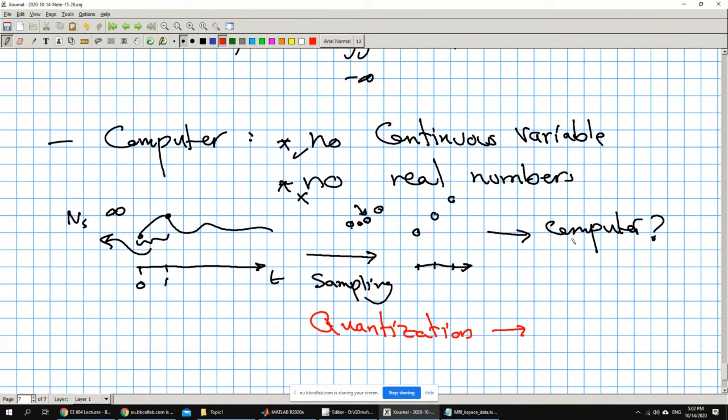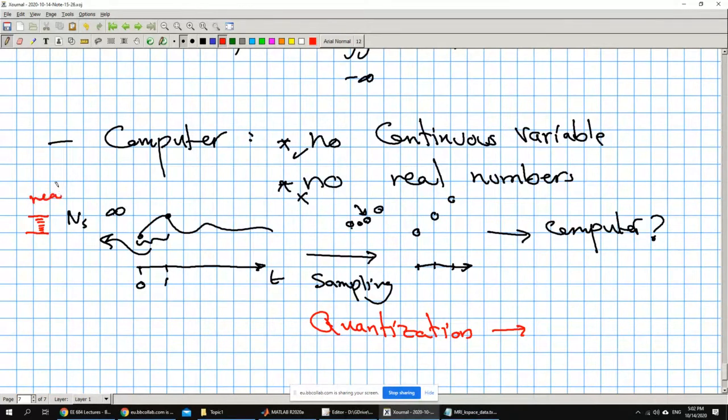Okay, basically not just having finite number of samples. If each one of these is a real number, real numbers have infinite resolution basically, because if you, for example, take this example here, you're going from this level to that level. If you try to represent this as a real number, then any value in the middle here should be represented.